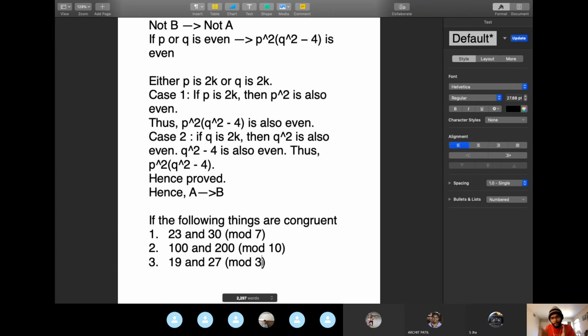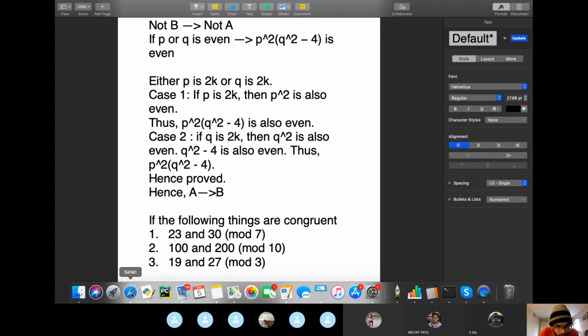If I add 9, because if this number was 2 bigger than a multiple of 3, then even if I add 3, I'll get another number which is also 2 bigger than a multiple of 3. So adding multiples of the number from whose point of view we are looking at it will preserve the congruency of the number with respect to this number, whether that is 7, 10 or 3. I'm trying to keep it very simple. Okay, hope you understand that.